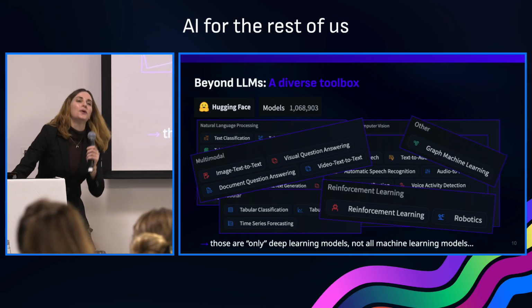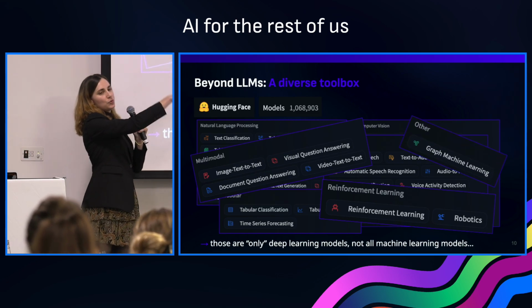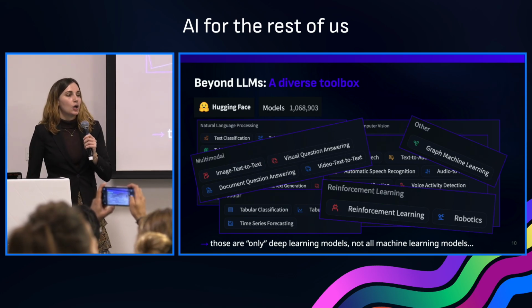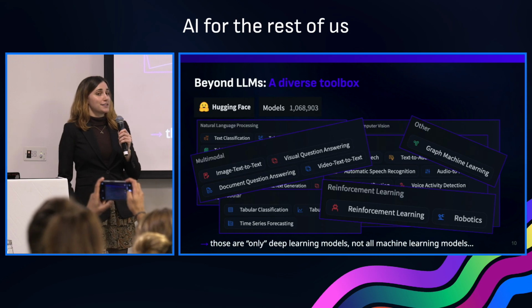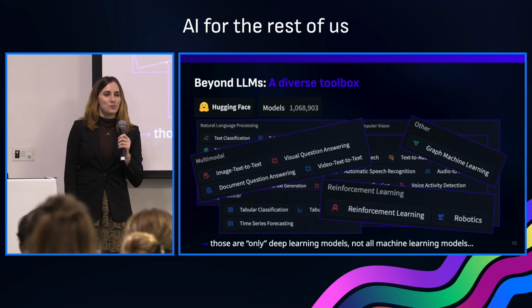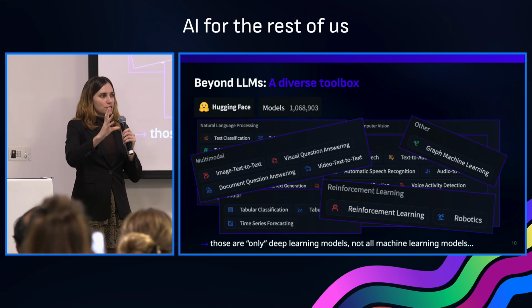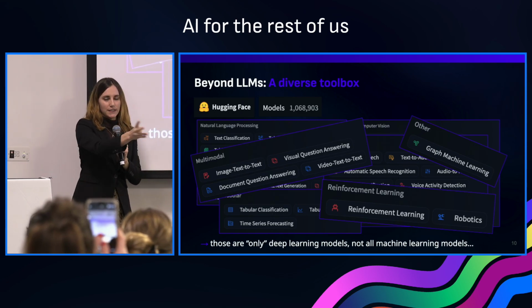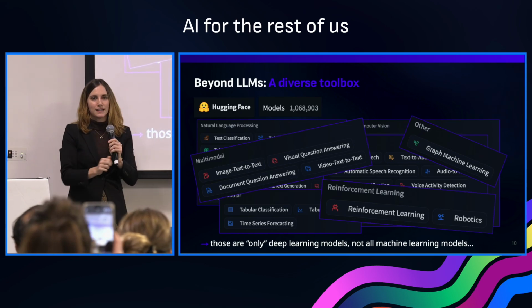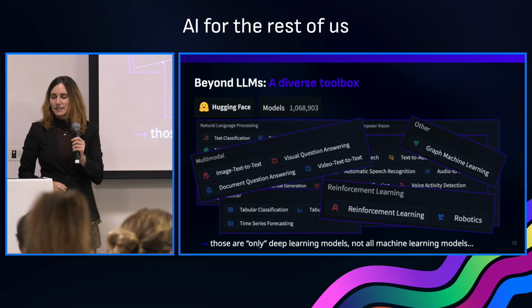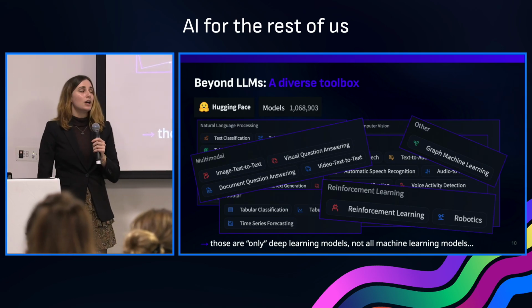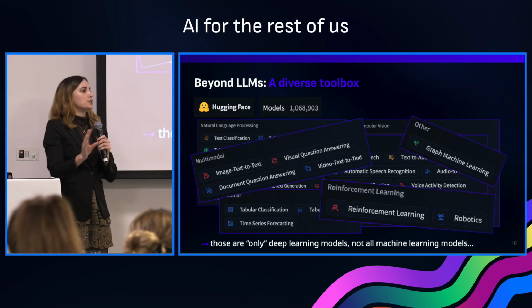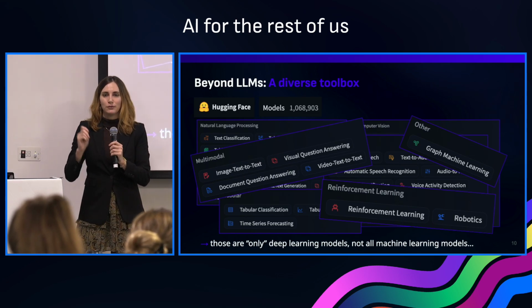Then there is also a category of other, for instance graph machine learning models, which you can imagine at dating apps like Pure App, where we try to represent every user as a part in this graph, connecting to other users by sending likes, by connecting with them, etc. Those are graph neural networks. So there's a huge variety of models out there which are built to solve specific problems.